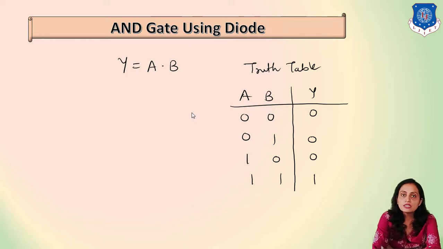Now I will draw the circuit diagram which behaves just like an AND gate using the diode.